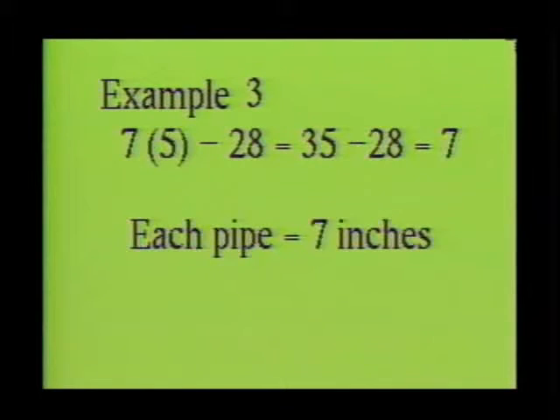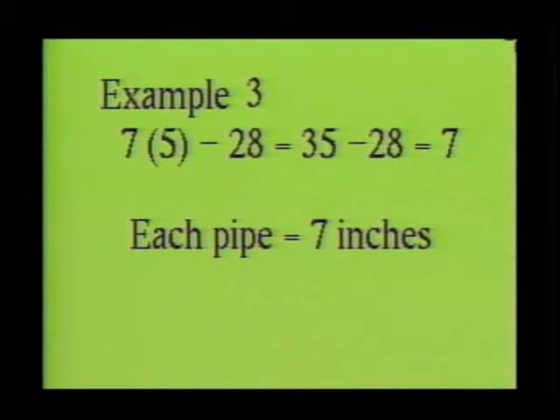Then solve. Subtract 5x from both sides and combine like terms. This gives 7 times 5 minus 28 equals 35 minus 28, which equals 7 inches. Each pipe is 7 inches in length.